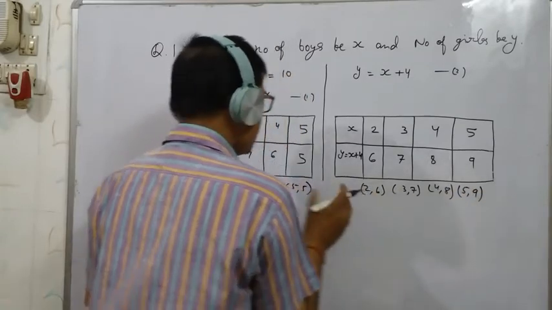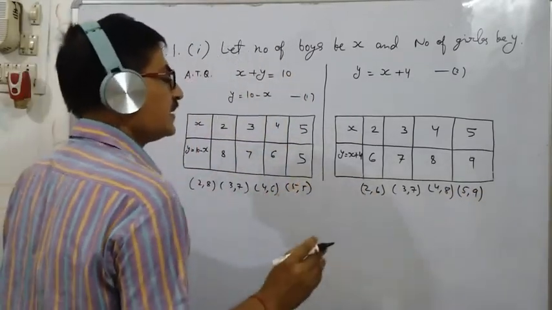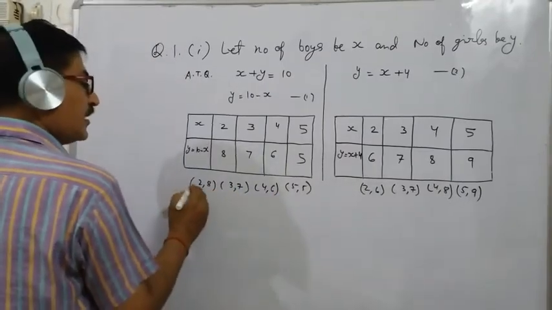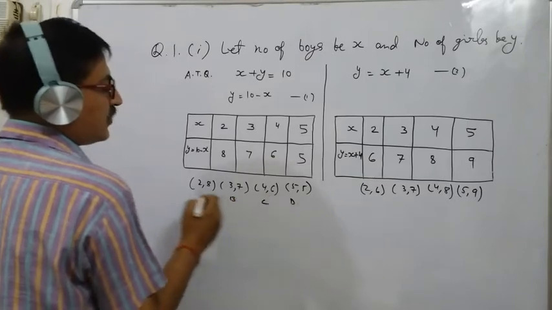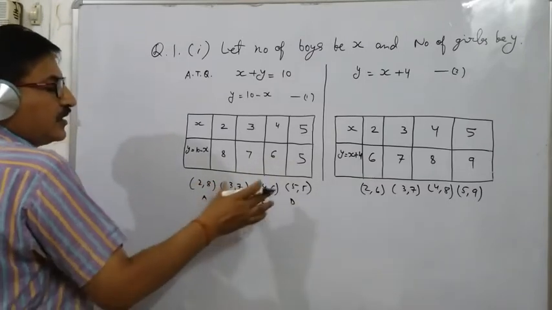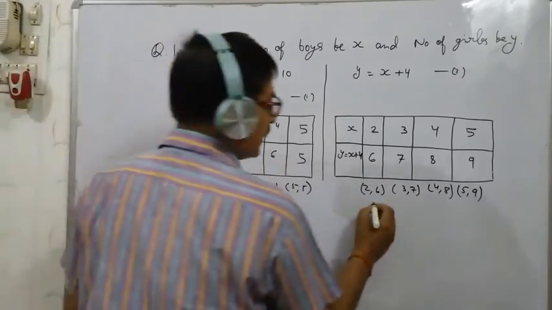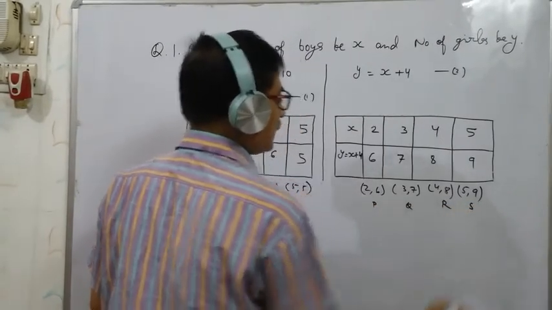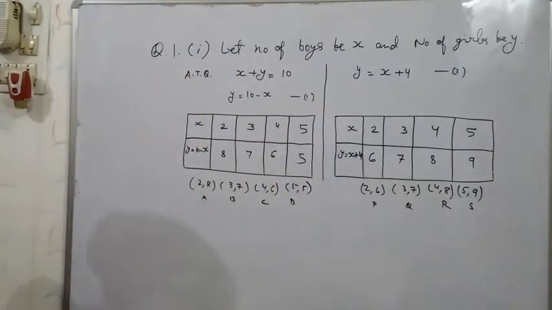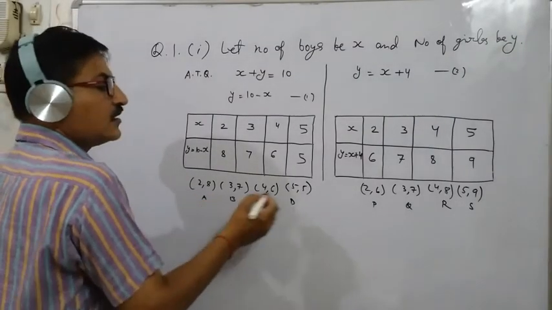Now students, you will see 4 coordinates here and 4 coordinates here. If you name them, then A, B, C and D, and for the other, P, Q, R and S.